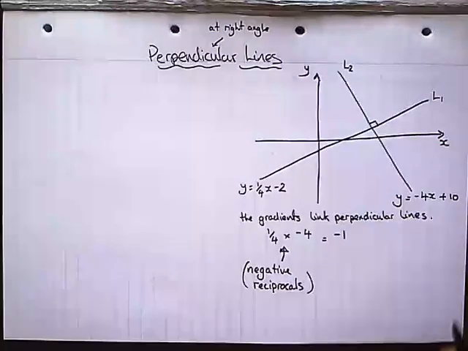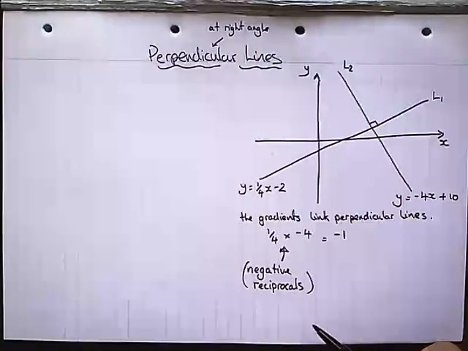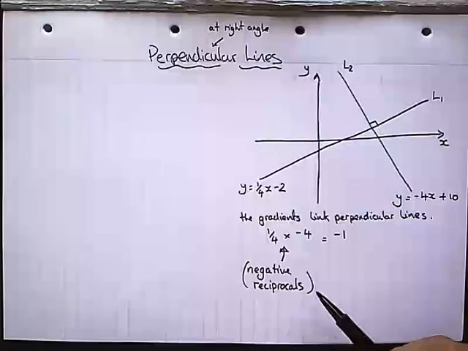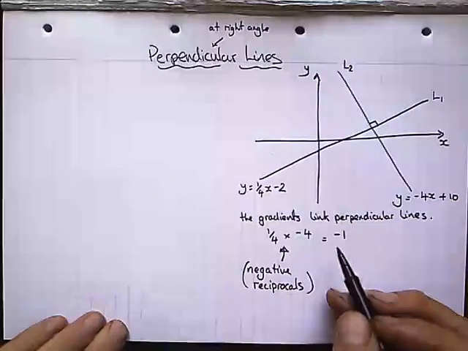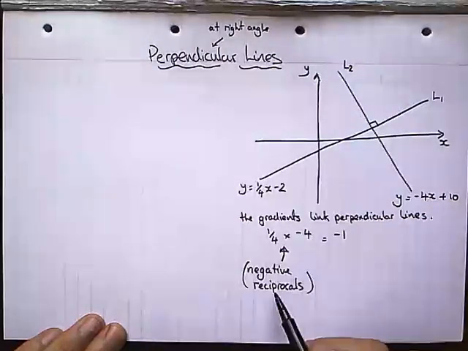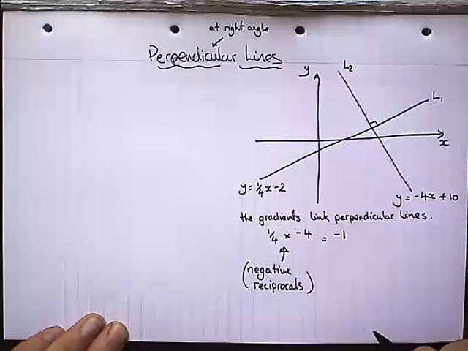So they are basically called negative reciprocals, and I'm going to go through the tricks in which we can find reciprocals and then the negative reciprocals. So the link is to find the negative reciprocal, and then we get the gradient of the second line. And I will go through some examples as well.